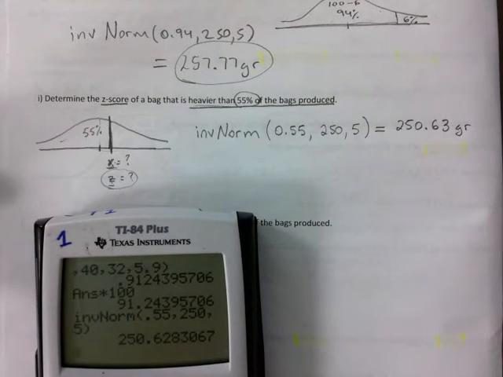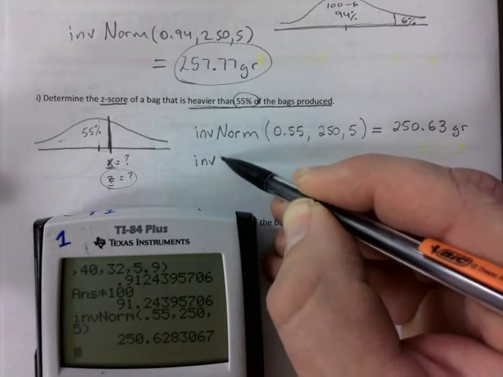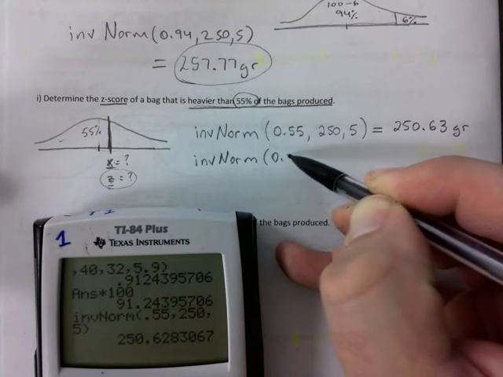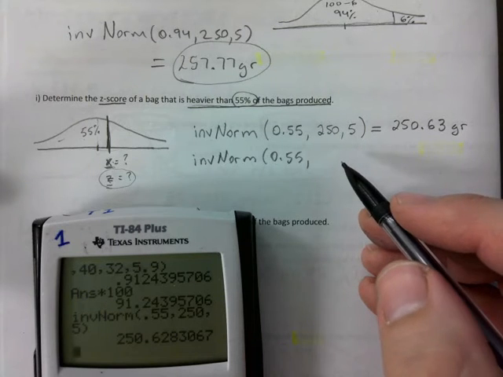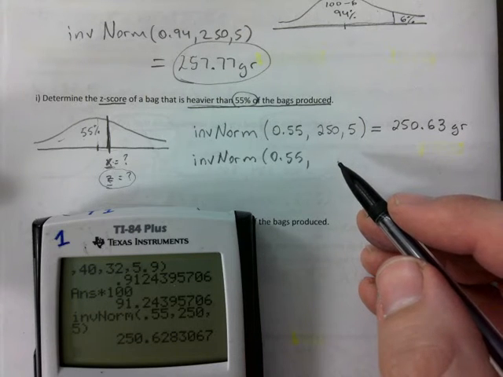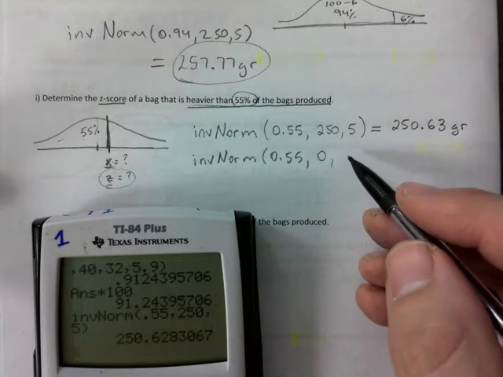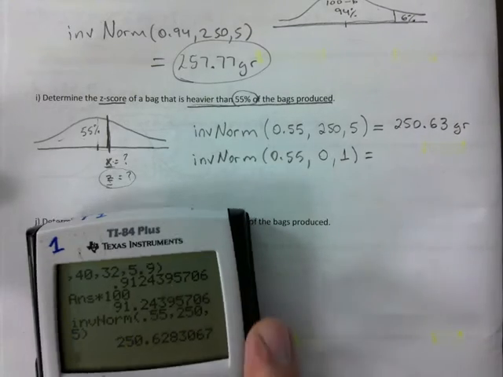But we want the z-score, right? Watch this. If I'm asking for the z-score, what's my mean? 0. What's my standard deviation? 1. You are listening every once in a while. That's good.